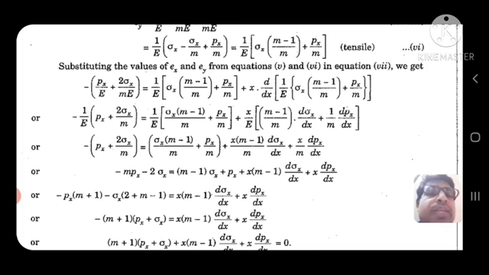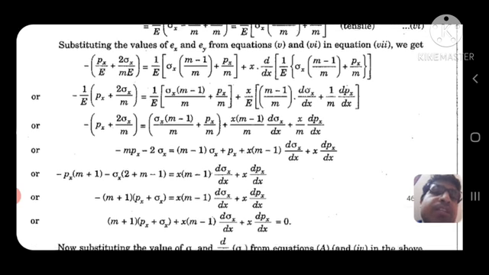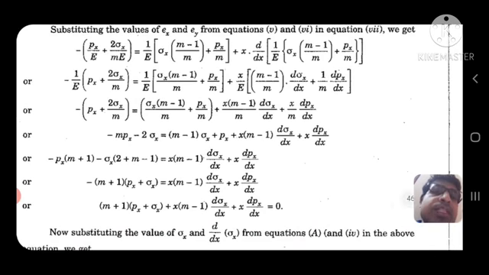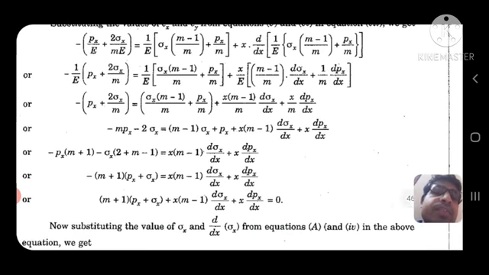Substituting the values of εx and εy from this equation: minus px by E plus 2 sigma x by mE is equal to 1 by E sigma x (m minus 1 by m) plus px by m, plus x d/dx of 1 by E sigma x (m minus 1 by m) plus px by m.